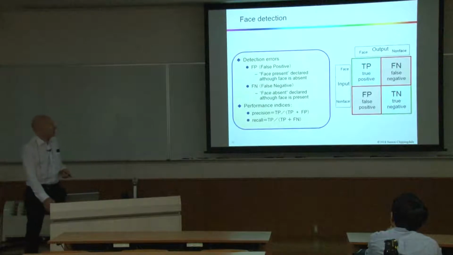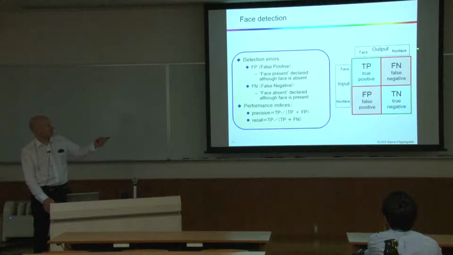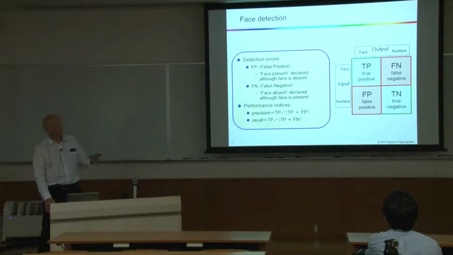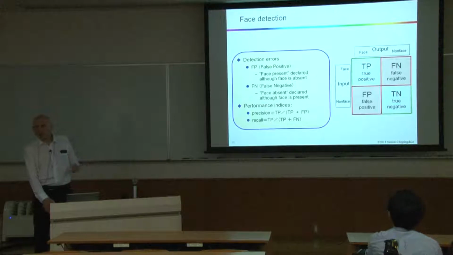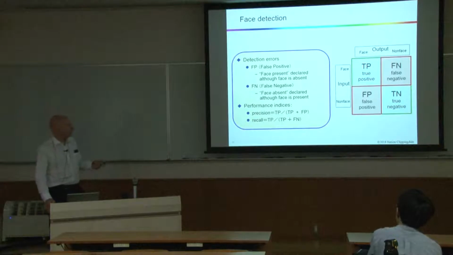So, first of all, face detection, our input may be a face or not a face, and the output, if everything goes well, it will say face when the input's a face, and it will say non-face when the input's not a face. When things go wrong, you can have either false positives where the system says there's a face but there isn't, or a false negative where you miss a face and the system says there isn't one.